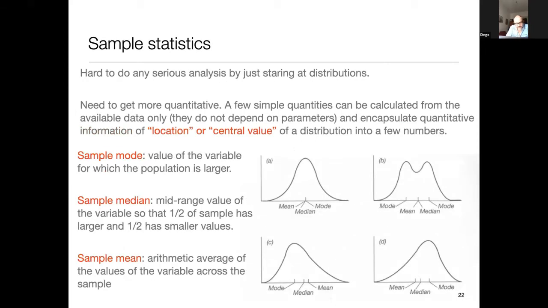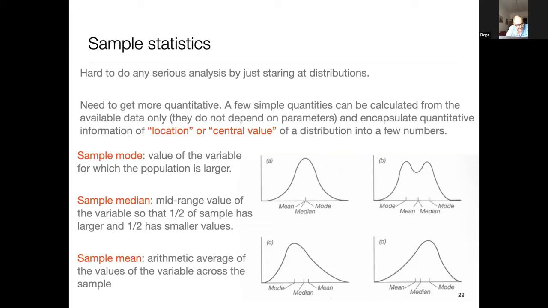So I've now put my data into a histogram, and rather than staring at the distribution, I can start to be a little bit more quantitative. And I can look at a few simple quantities that can be calculated and tell me already a little more about what's going on.